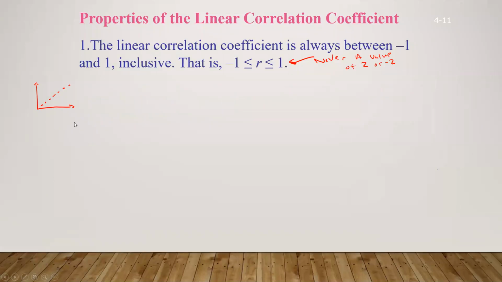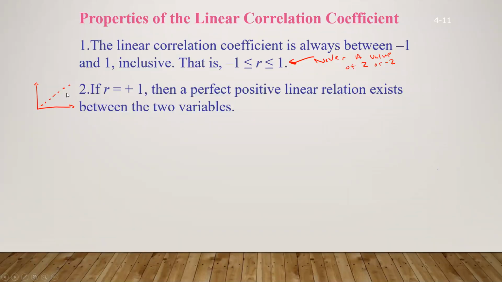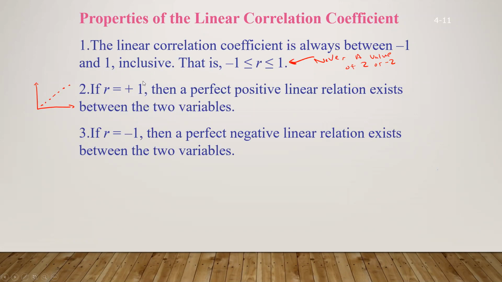We won't actually even do examples like this in class where it's a perfect straight line, but that's what a value of +1 means. If R is equal to exactly -1, then there's perfect negative linear correlation, which looks like a perfect straight line going downward like this. Again, we won't ever do an exactly perfect negative linear relationship, because that type of thing generally doesn't exist in too many interesting real world examples.